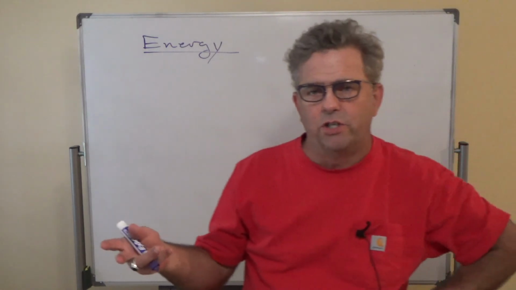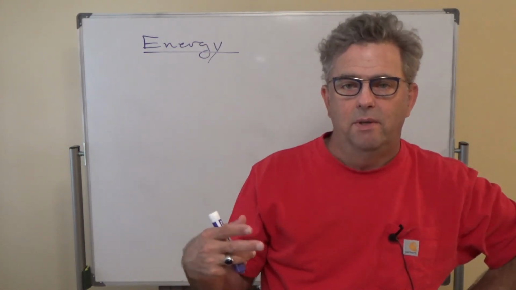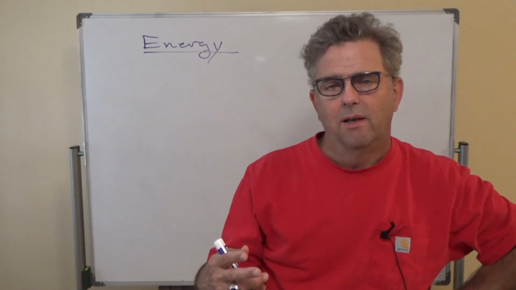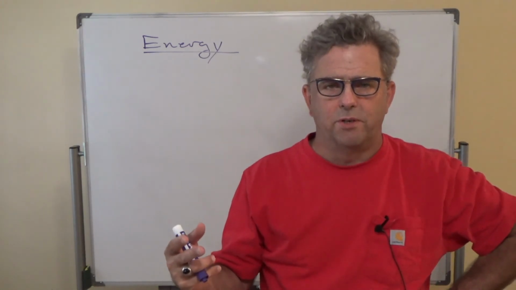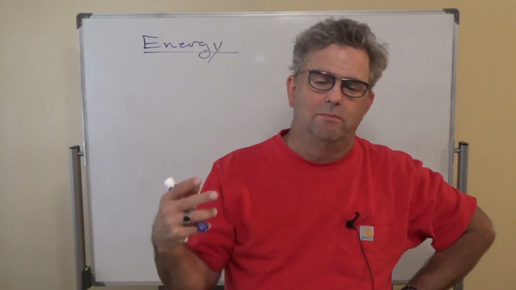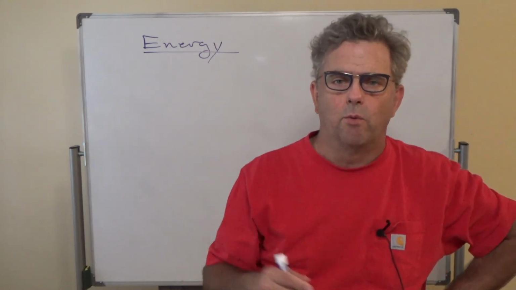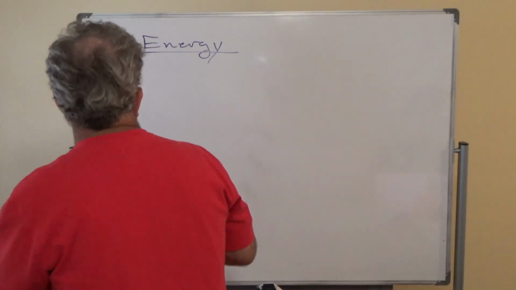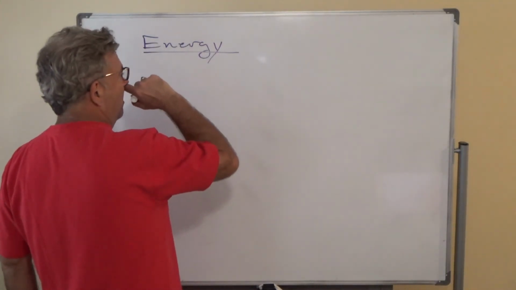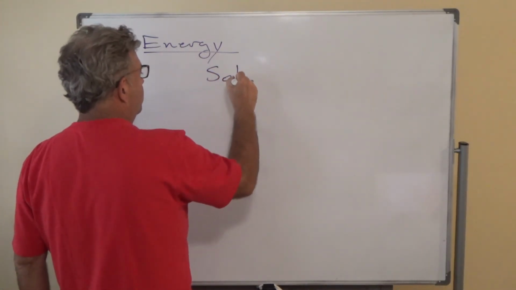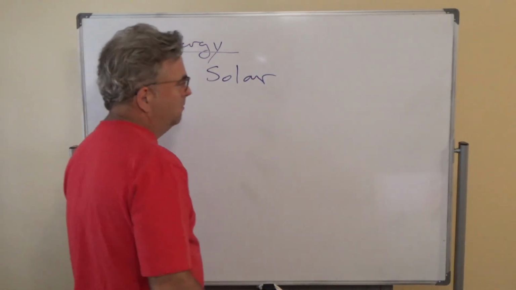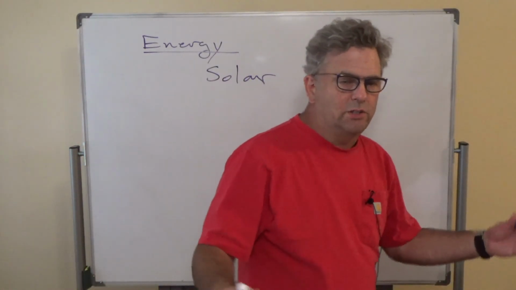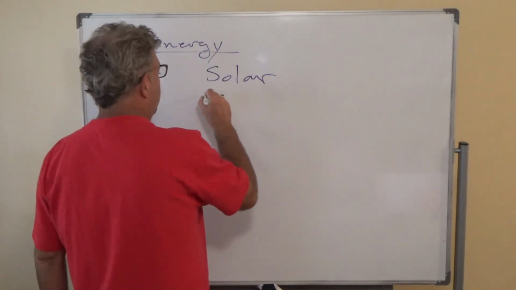We know energy by how we interact with it, okay? I like to think about different forms of energy. It can take many different forms. Certainly, I'll write down some of these. Solar energy, heat, thermal energy. Well, let's just say thermal energy.